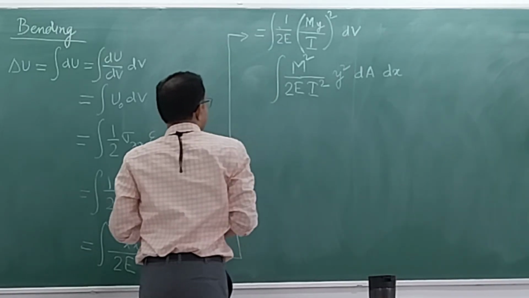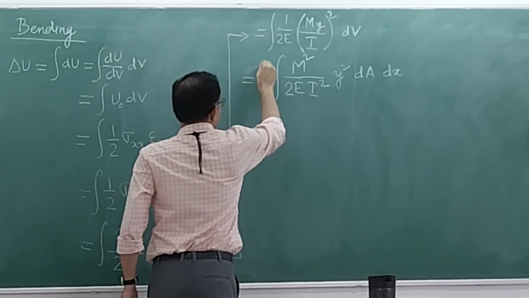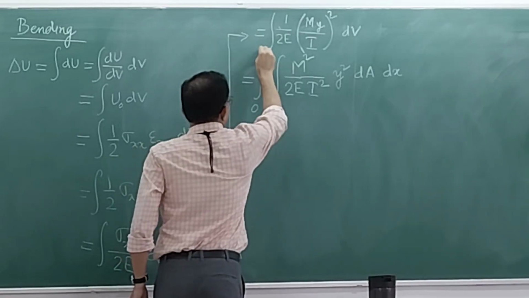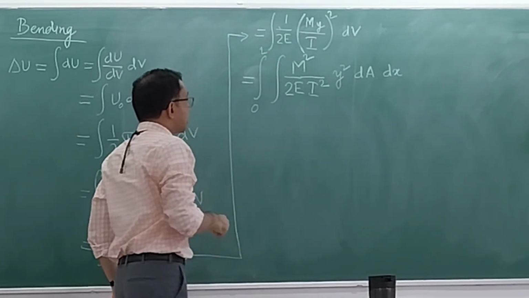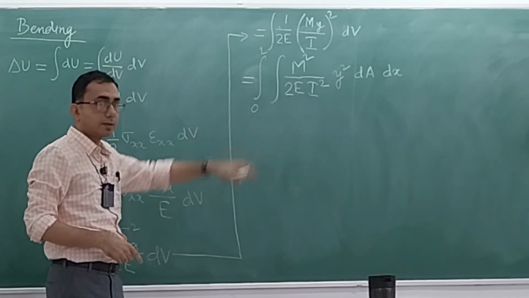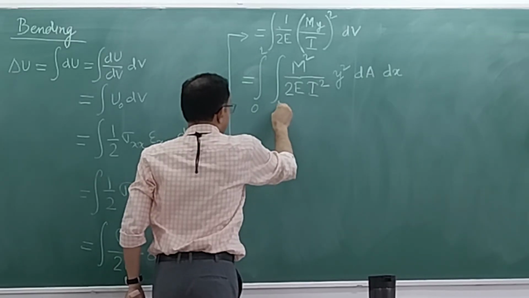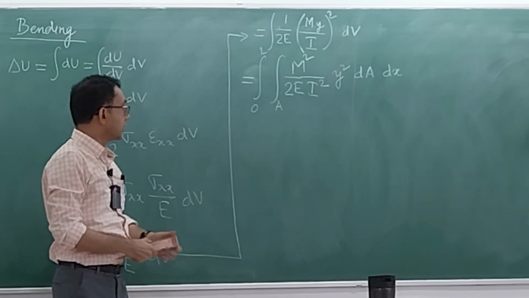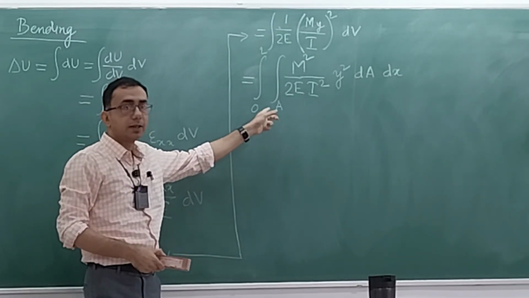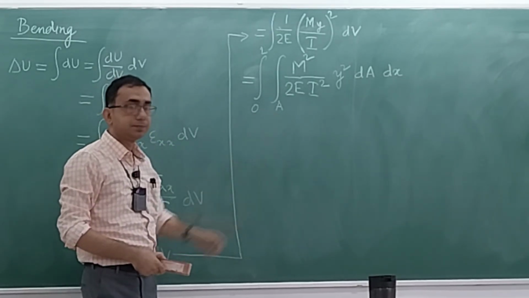So we have to write this with a double integral. This integration from 0 to L is with respect to the dx. And this inner integral is with respect to the entire cross-sectional area. This is not a lower limit, okay? This is just the integration with respect to the entire area.